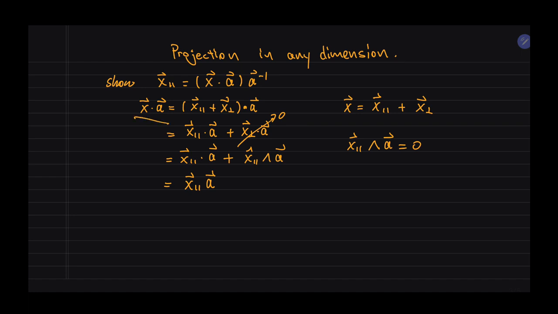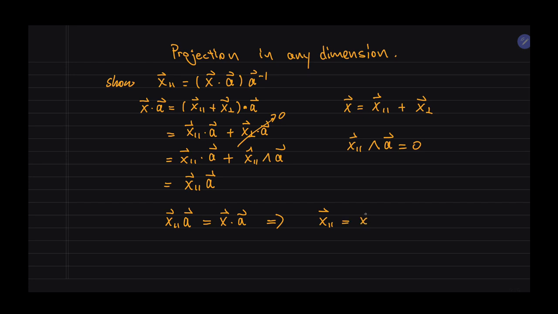Then you can see that here we have x dot a also equal to the geometric product from x parallel to a. So let me write it down here, equal to x dot a. Then we can do the inverse on both sides.